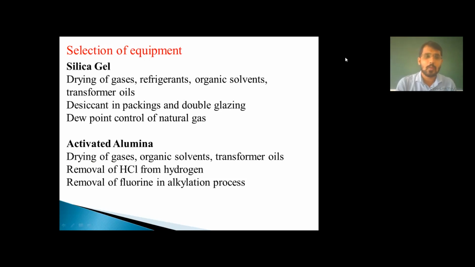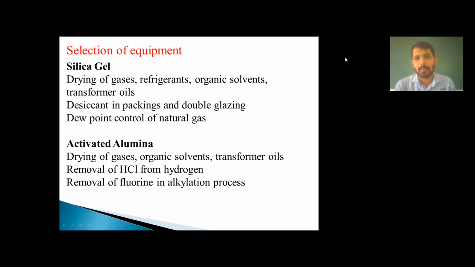And last, dew point control of natural gas is possible by using silica gel. Means I can say silica gel is used as an adsorbent in all these processes, including control of the dew point of natural gas, desiccant in packaging, and drying of gases, refrigerants and organic solvents.